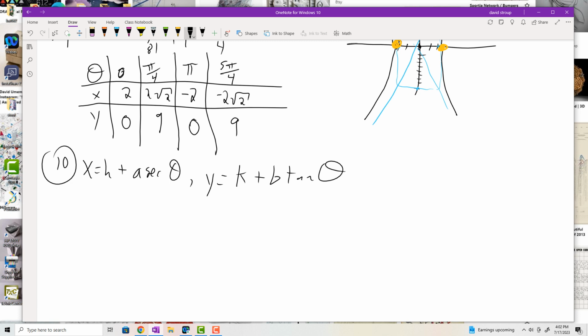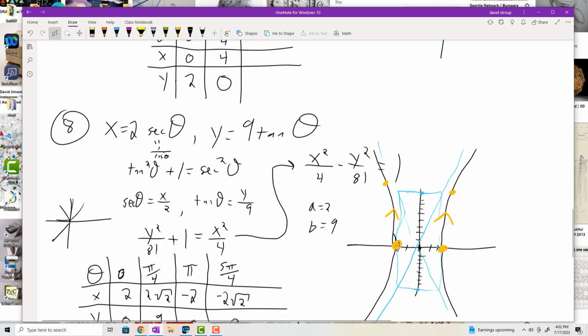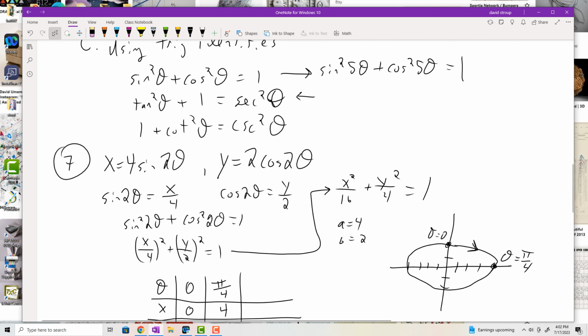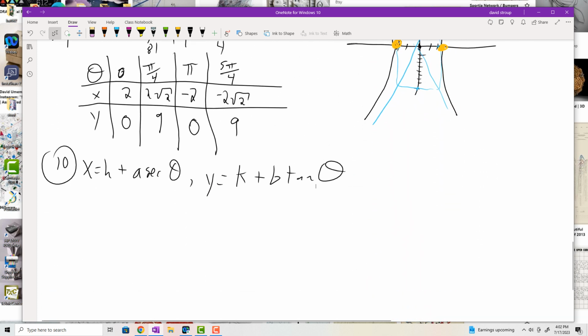Anyways, if you're given this form, in our forms number 8 and number 9, the h and k values are both zeros. So those formulas are pretty simple. But if you see it maybe shifted over, that's still going to be, in this case, a hyperbola. And you could see that by solving for x. So I get x minus h all over a equals secant.